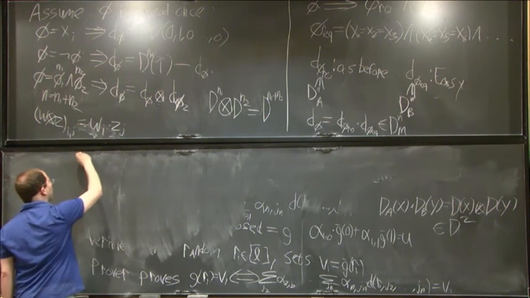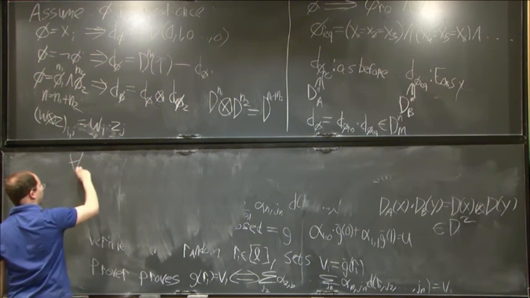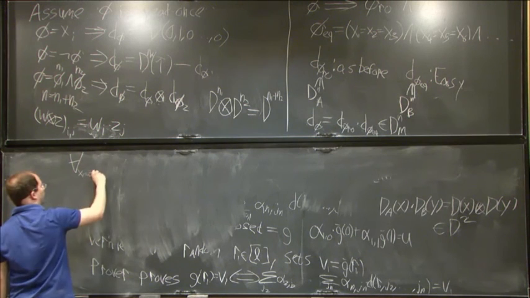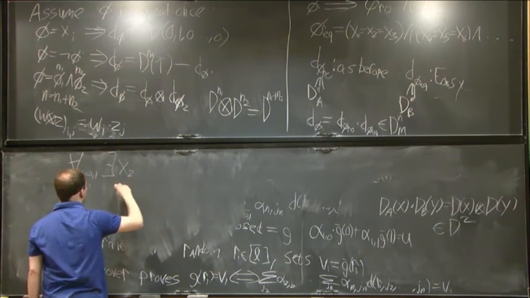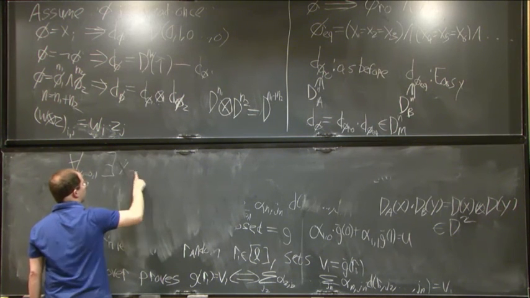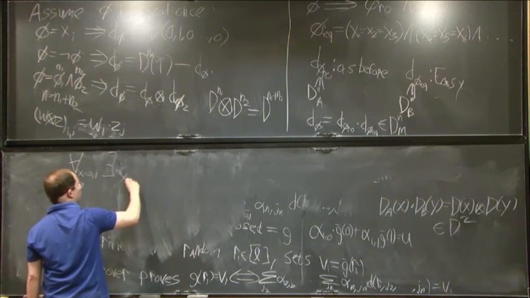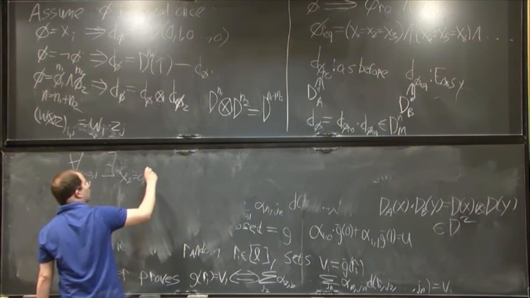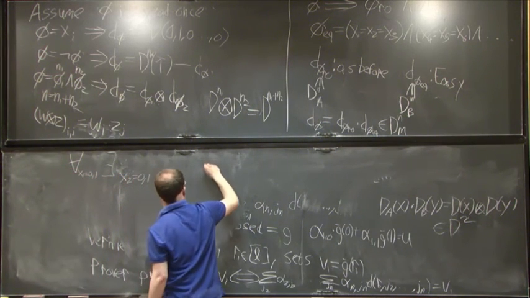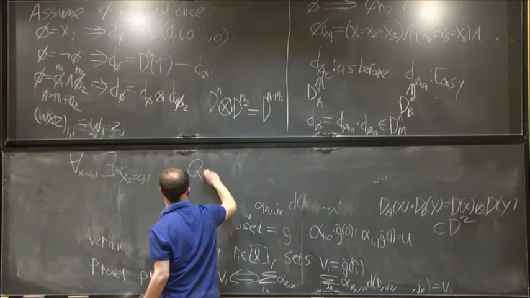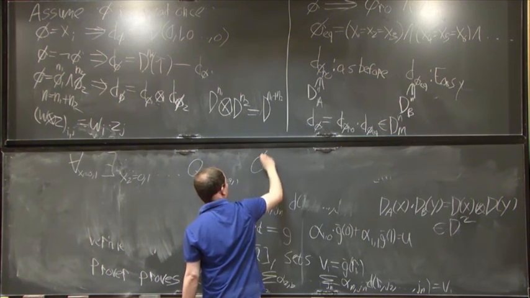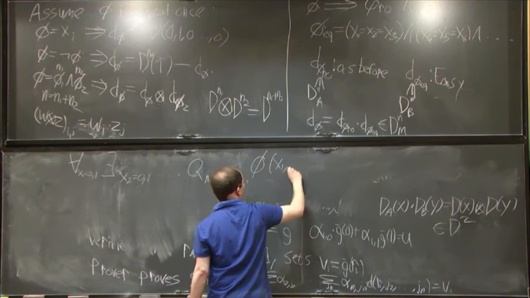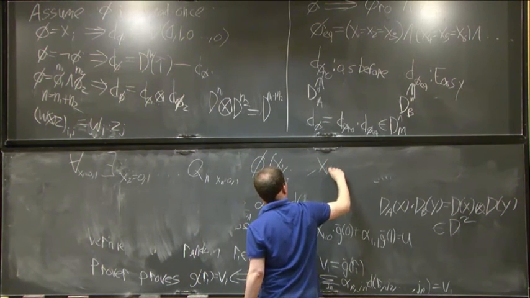That is, we have something that looks like this: for every x1 in {0,1}, there exists x2 in {0,1}, and so on and so forth, some quantifier Qn xn in {0,1}, phi(x1 through xn).